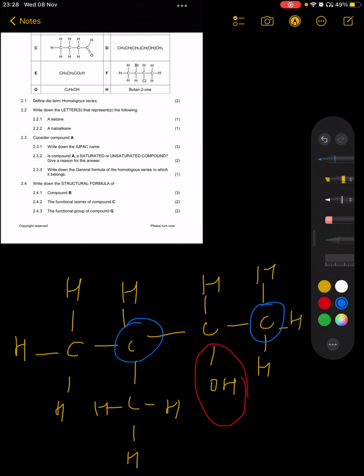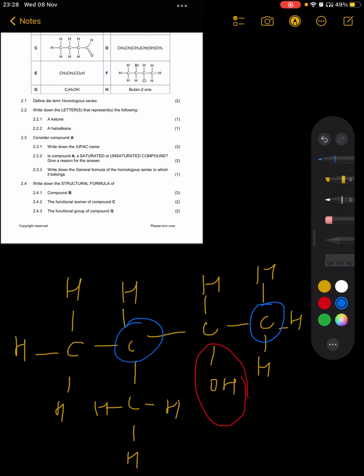If you're looking at primary, secondary, and tertiary alcohols, when you're in primary, you only have like a birth certificate, and then when you get to secondary, you get your matric certificate, and then in tertiary, you get your degree or diploma or higher education certificate.